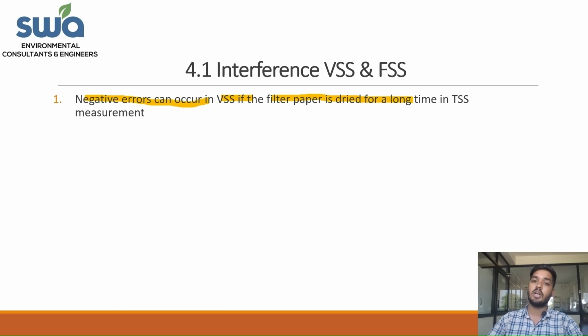As I made the point at that time, you have to be careful while drying the filter paper for measurement of TSS, in case the filter paper is dried for a long time.